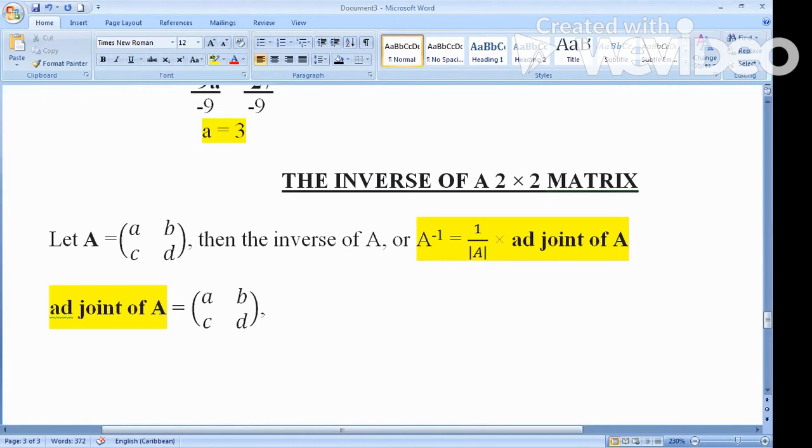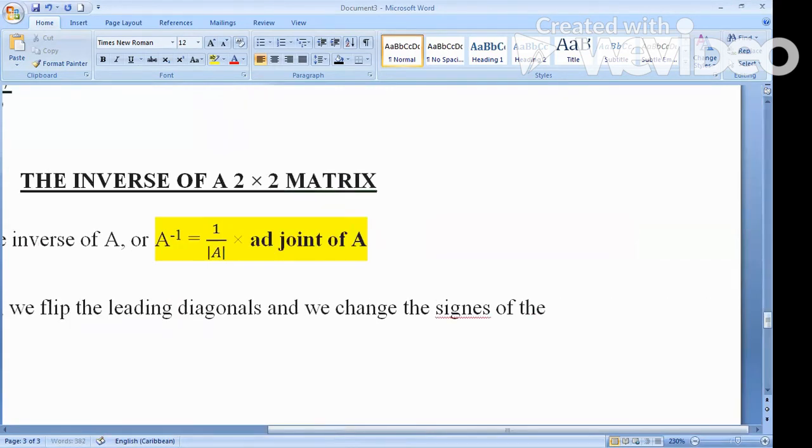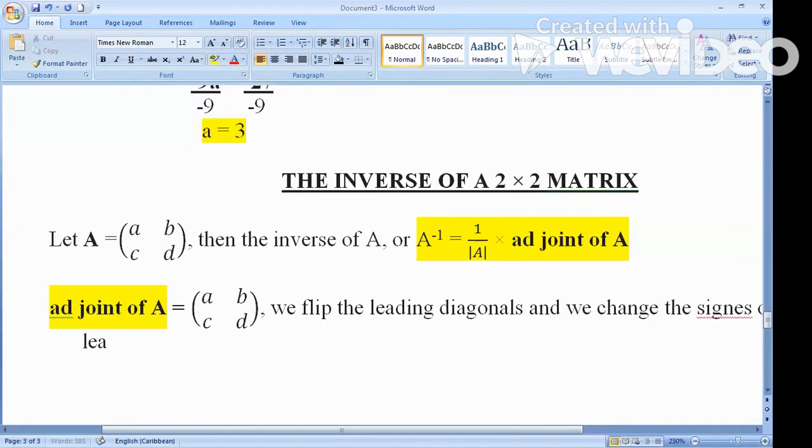All right, so what we do is we flip the leading diagonals, and we change the signs of the non-leading diagonal.